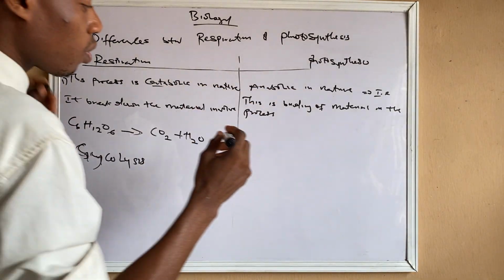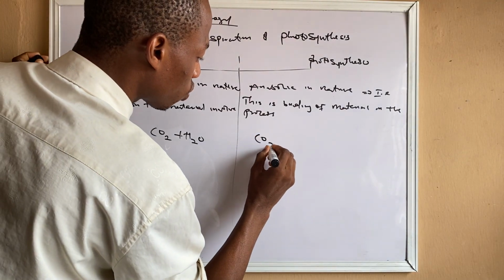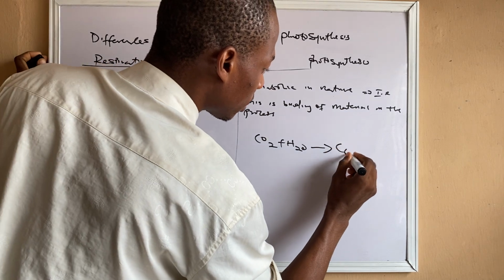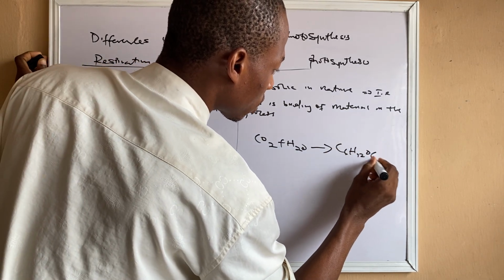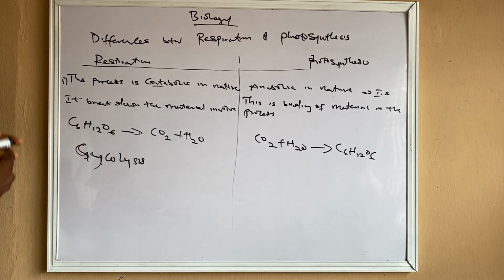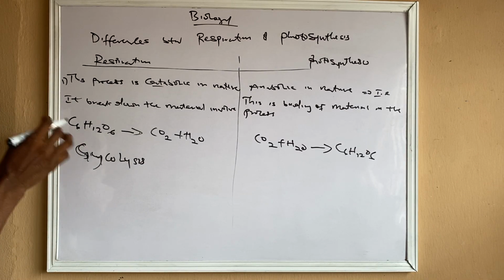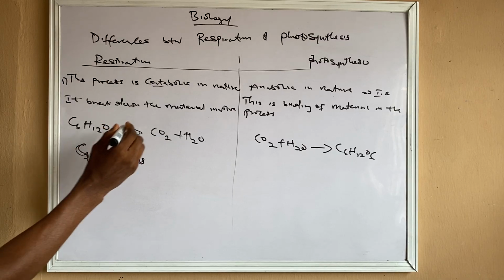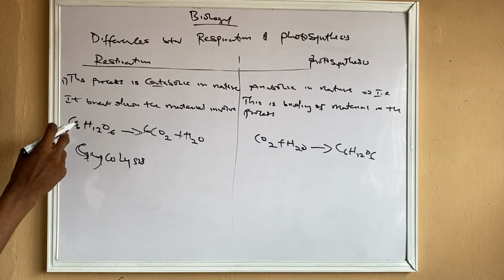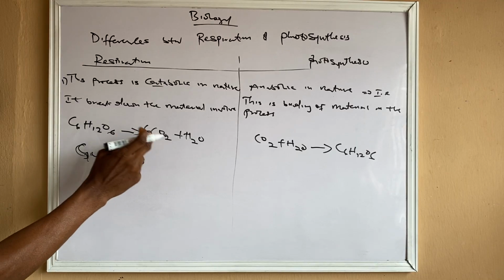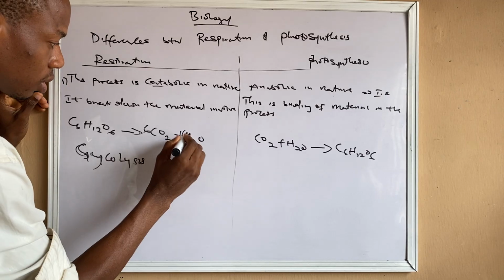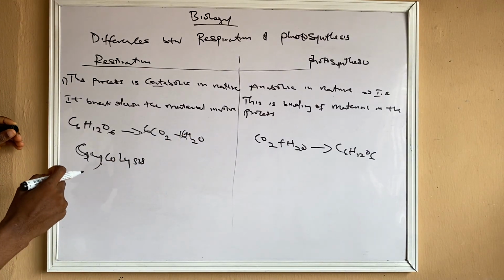Now in this other process, we have CO2 plus H2O to give us C6H12O6, right? Good. Even though the equation is yet to be complete, here we have 6 carbon, H12.